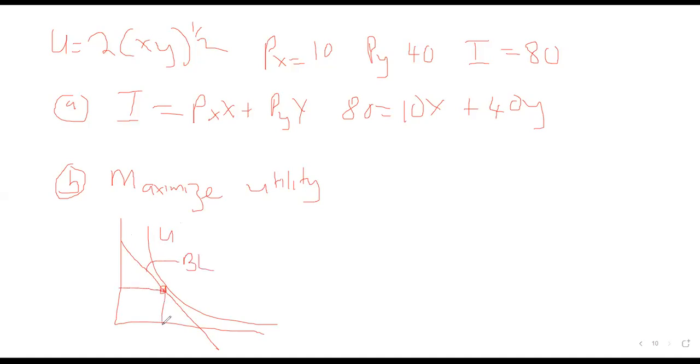This will give us how many units of y and how many units of x will maximize our satisfaction. And this optimum bundle is given when the marginal utility of x over the price of x is equal to the marginal utility of y over the price of y.